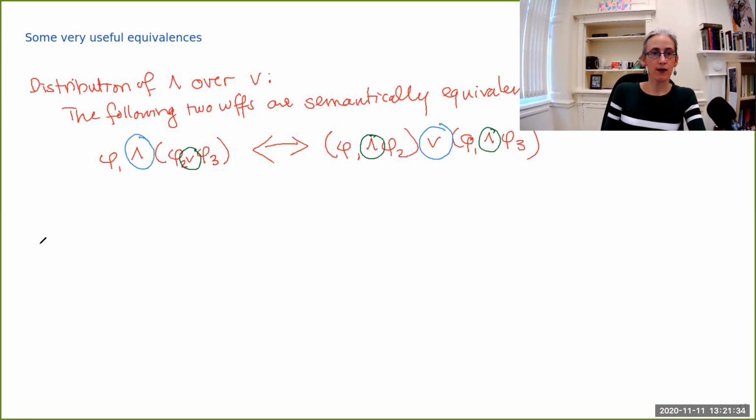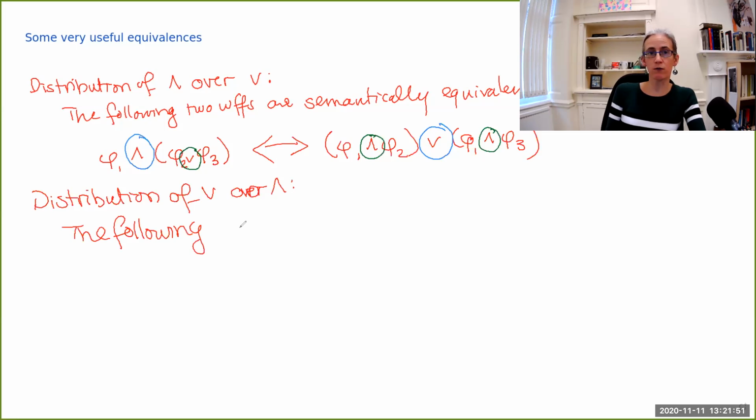We also have a very similar result for the distribution of disjunctions over conjunctions. So again, this is a statement of the semantic equivalencies of two formulas. So the following two well-formed formulas are semantically equivalent.